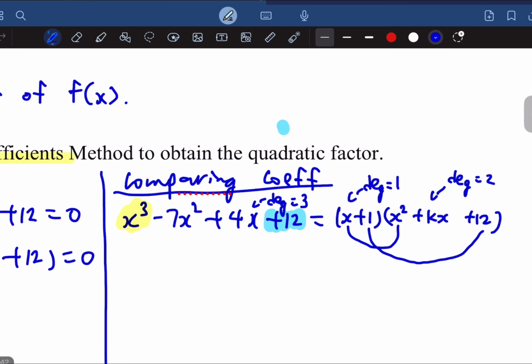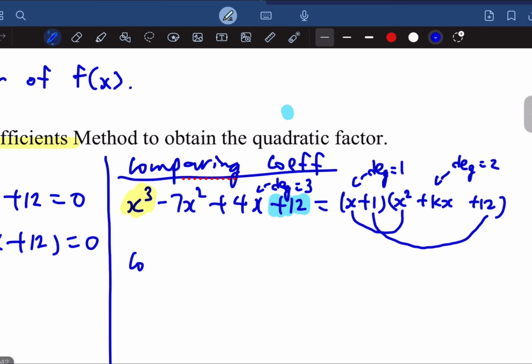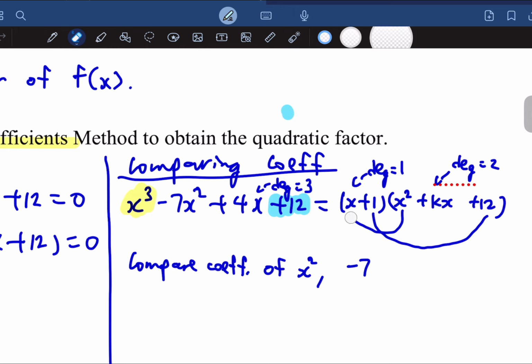I'll use my favorite first. Compare coefficient of x squared. On the left hand side, the coefficient of x squared is -7. Then in the two brackets on the right hand side, we have to look for terms that multiply together to give us x squared. Take note, please do not expand the entire bracket or all the terms in the bracket.